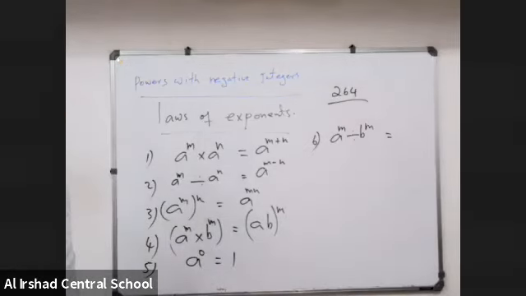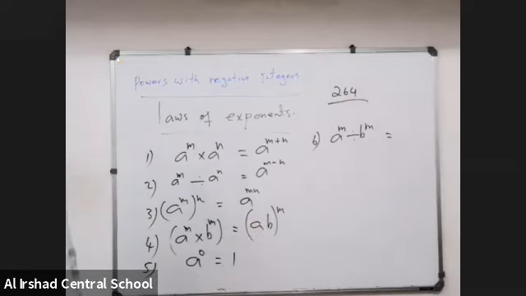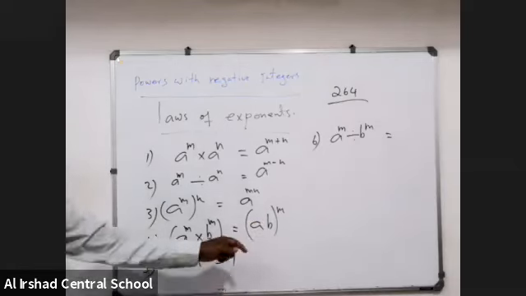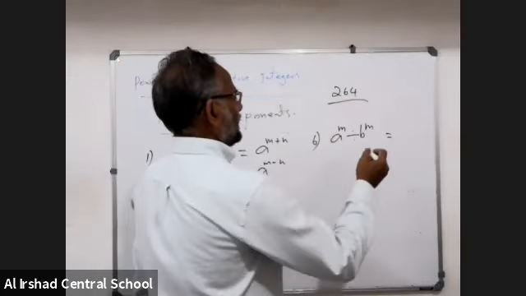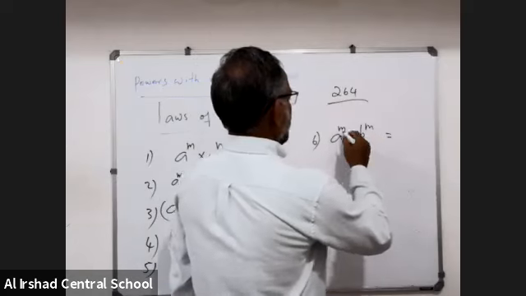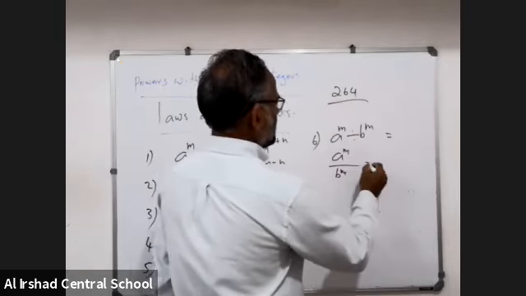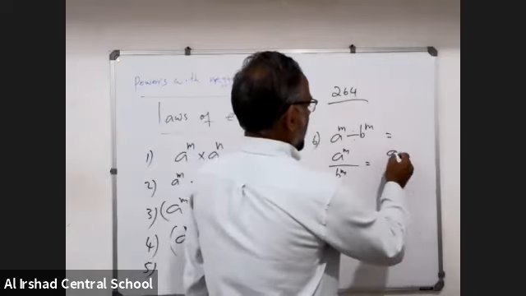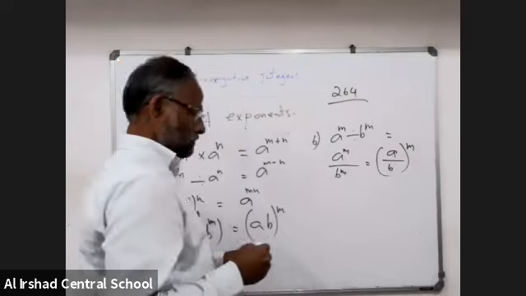You know the difference from a to the power of m, b to the power of n, because that is also exponents. Be careful here, division. That we can say a raised to m divided by b raised to m is equal to a by b all to the power of m.